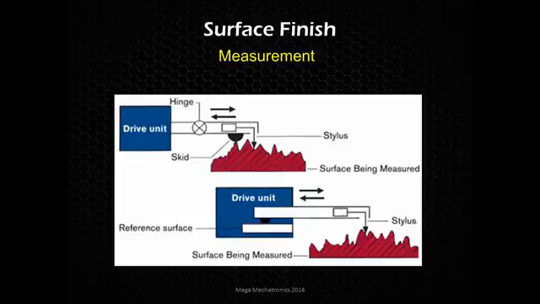A lot of these will do all the math and averaging for you to output those parameters. You can see in these that the stylus is being pushed or pulled across, and it is going to move up and down. If you imagine the drive unit is static or stable and not moving, same with the cross section of the material, the stylus is going to move across and move up and down, and that's what we are measuring.